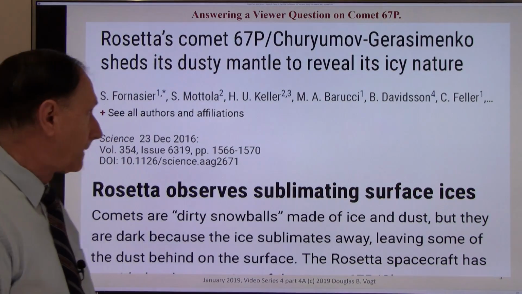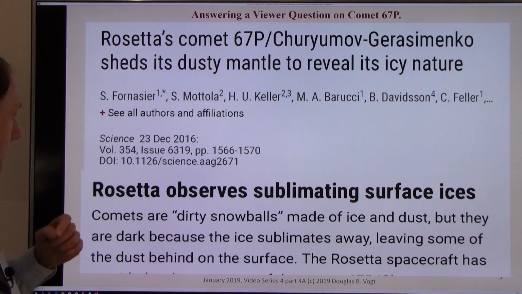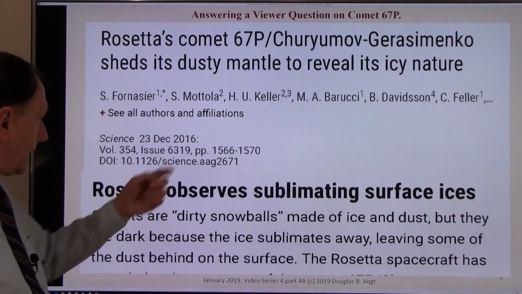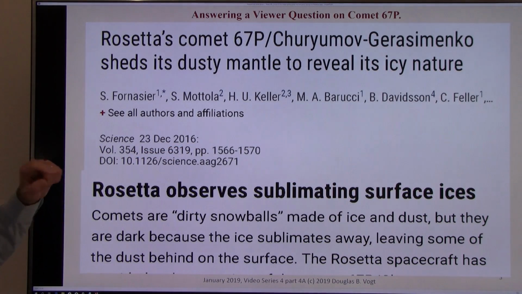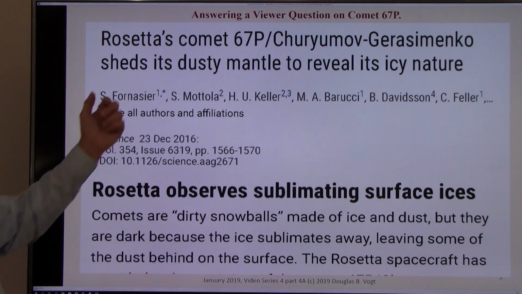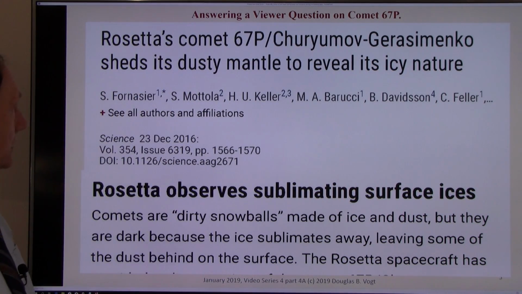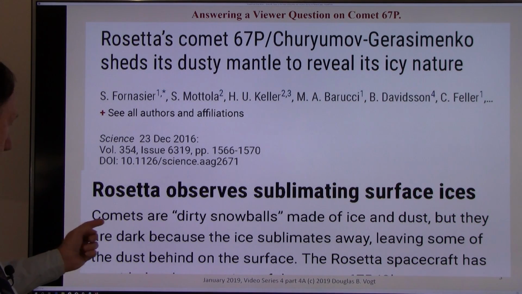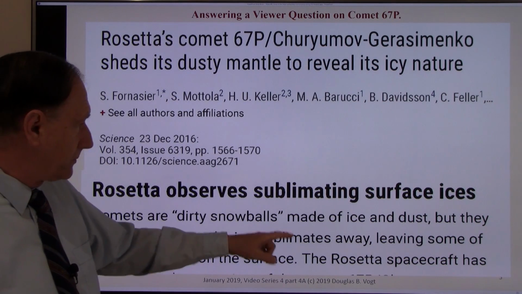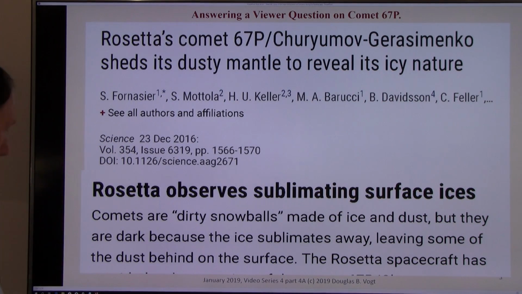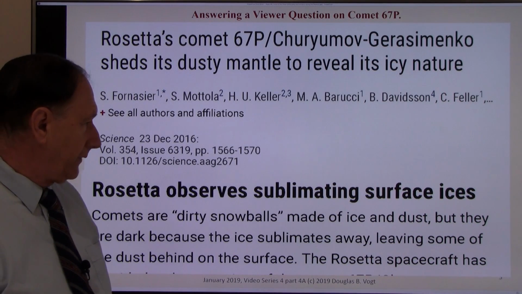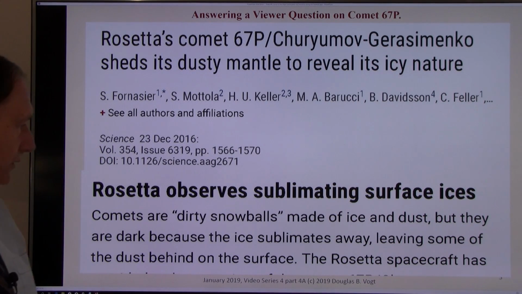They're too dense. Okay, one of the articles, this is the journal Science from 2016. There's the reference. "Rosetta Comet 67P sheds its dusty mantle to reveal its icy nature. Comets are dirty snowballs made of ice and dust, but they are dark because the ice sublimates away, leaving some of the dust behind on the surface."